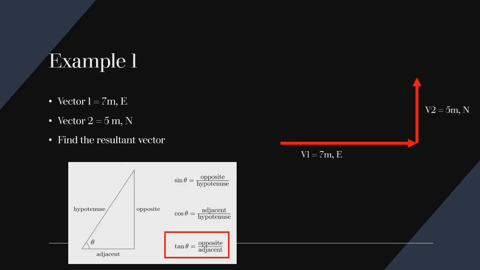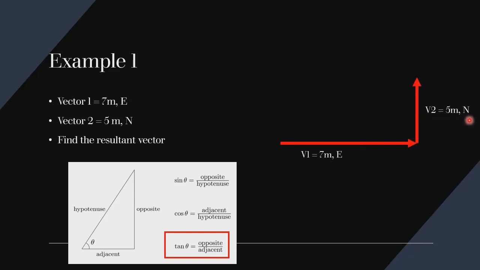So actually in the component method, instead of putting the value of the next vector in the original tip, this is actually a head to tail method. And so the first vector, which is 7 meters east, will be laying in the x direction, and on the tip of our vector 1 we will attach vector 2, which is going to the north.